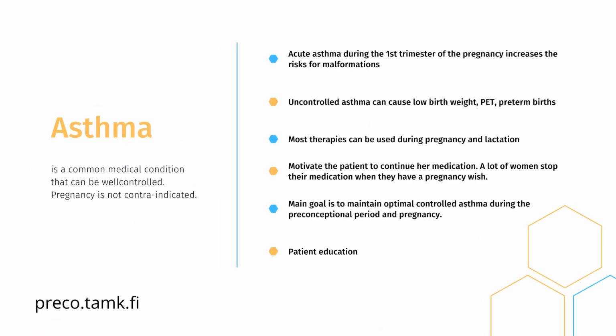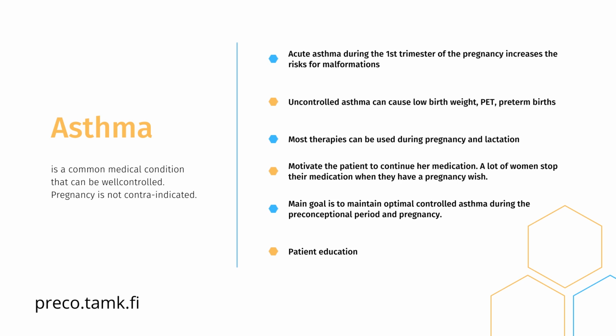First, we start with asthma. Physiologic pregnancy changes interact with the pathophysiology of asthma. There are positive effects, for example, bronchodilation during pregnancy, and this is due to pregnancy hormones. But there are also negative effects.